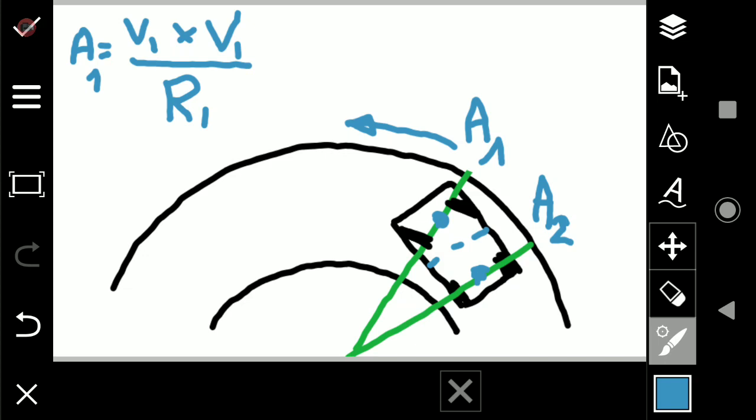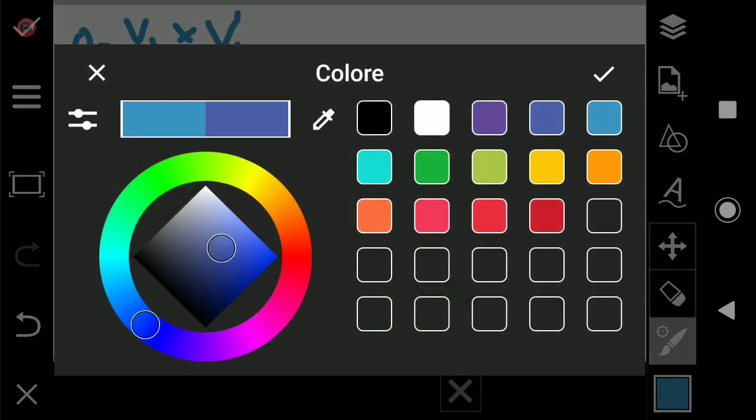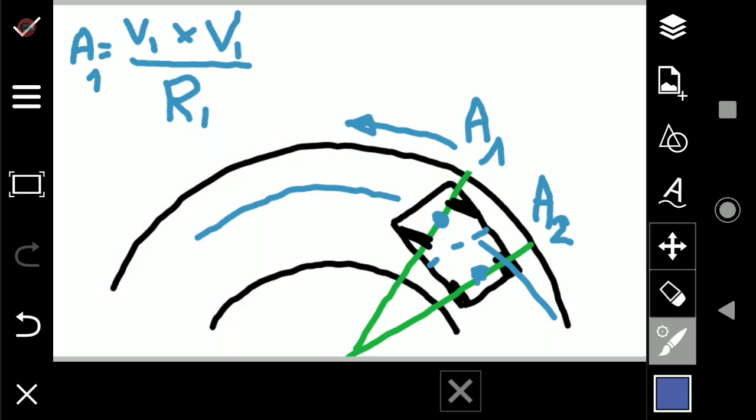Yes, because point 1 runs through this arc, and now I think I will change color. Point 2 runs through a shorter path. Shorter because if we think about keeping on turning in a roundabout, for example, the time for completing one turn is the same, so I will not divide between time 1 and time 2.